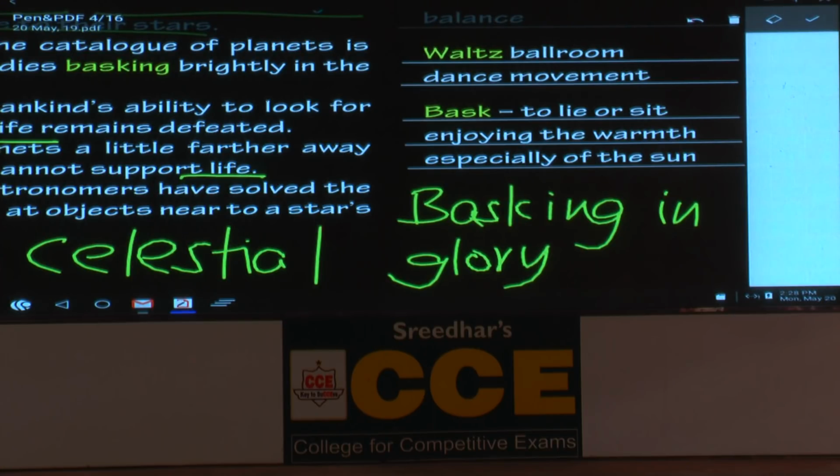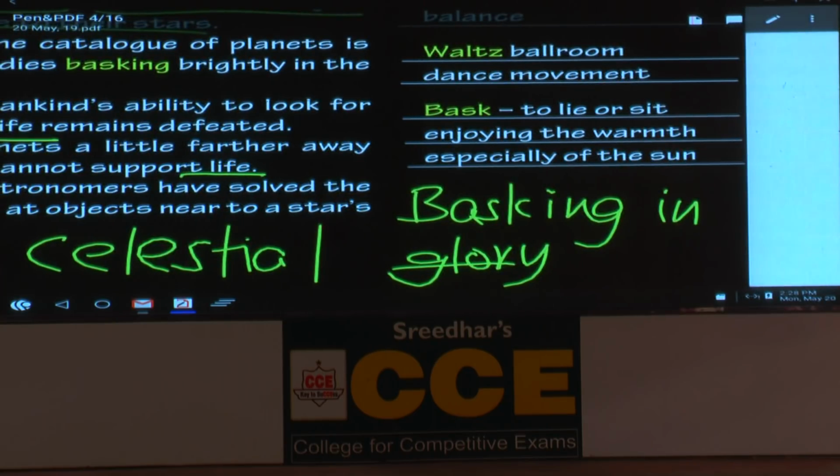What is the reason? They look very pale, Westerners, so they get exposed to the sun to get tanned. Please write one word, T-A-N, tan. Tanning means what? Getting the brown shade or wheatish shade.